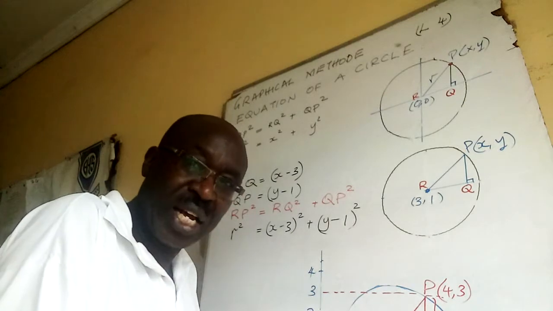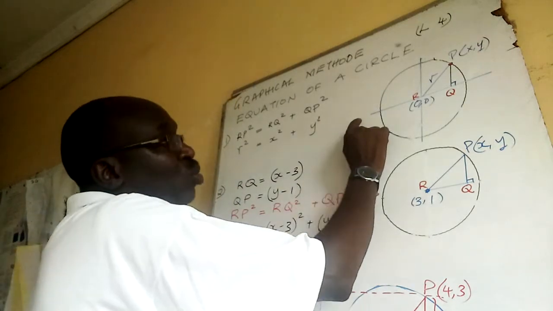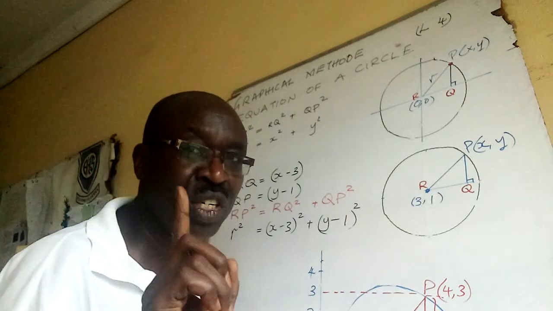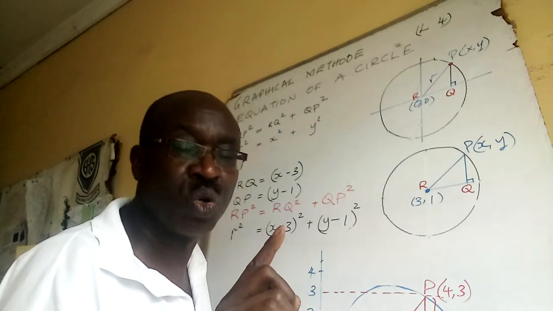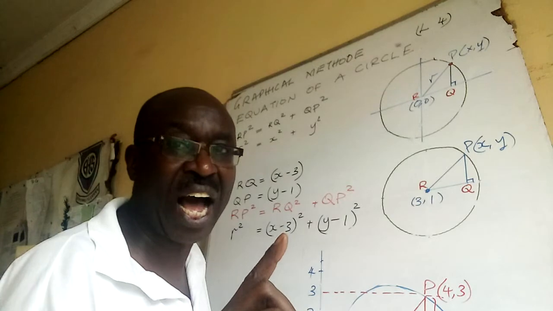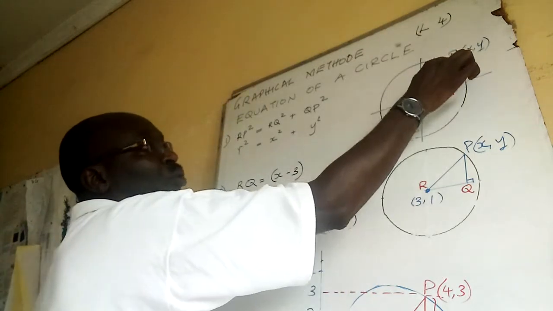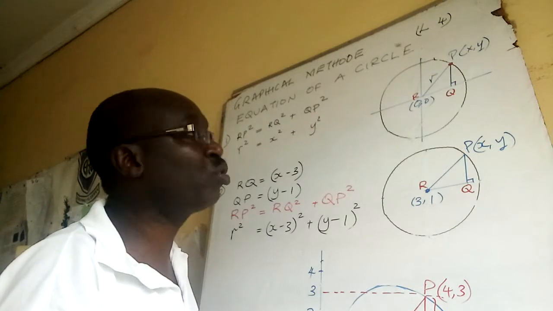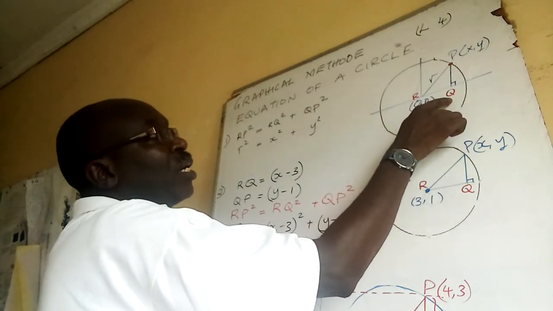But for a beginning, I'll say drop it to the x-axis. At the back of your mind, drop it to the abscissa. You drop it and you get a right-angled triangle RQP.